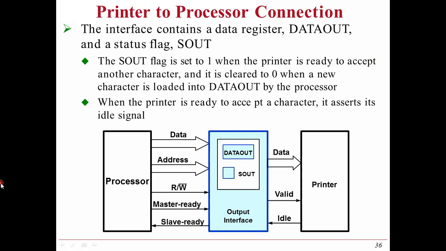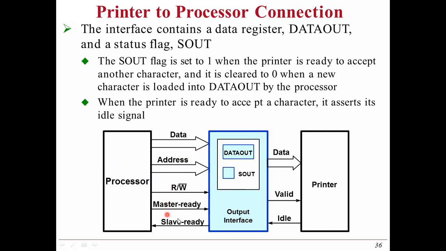Whatever data is received by the processor is transferred to the data out register. The data will be present in address locations, and that address is also forwarded here.